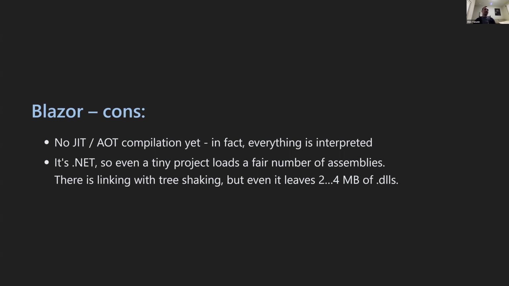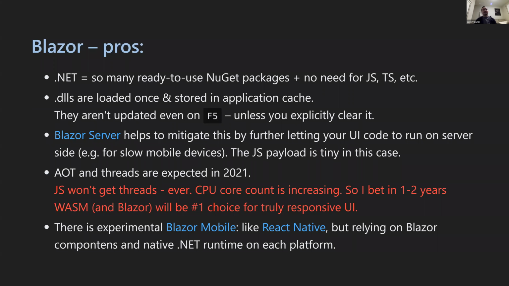And plus, you can always switch to Blazor Server. And there are lots of pros. I think the main one for .NET developers is that now you don't have to care much about JavaScript. You can write anything and share models or some logic with your client-side code.